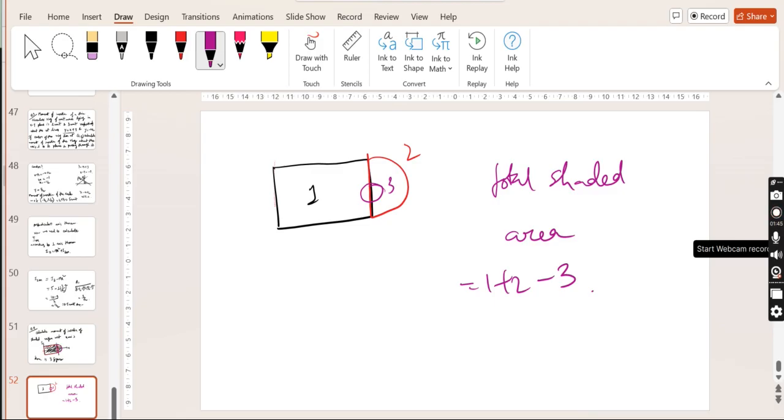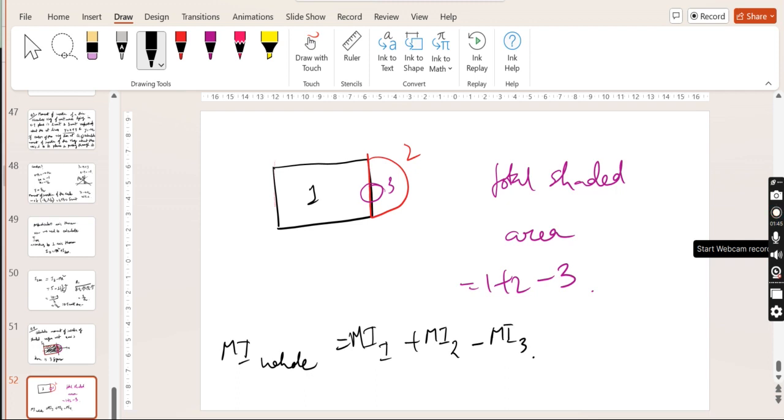So the moment of inertia of the whole will be the moment of inertia of 1 plus the moment of inertia of 2 minus the moment of inertia of 3.